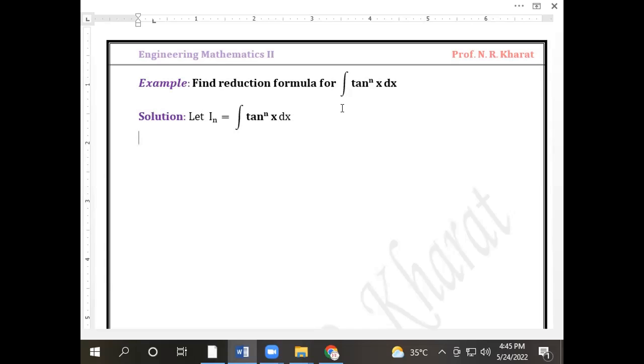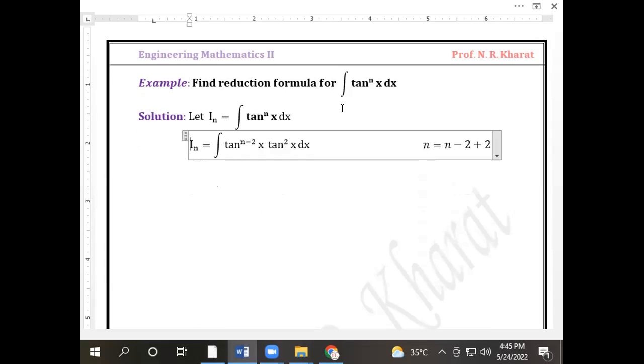So we have to split the index of this tan. The index of tan is split in such a way that n is split into n minus 2 plus 2.